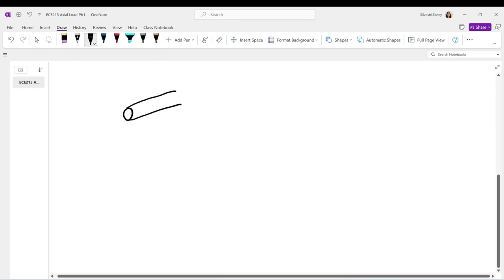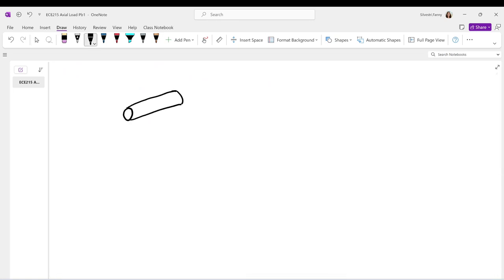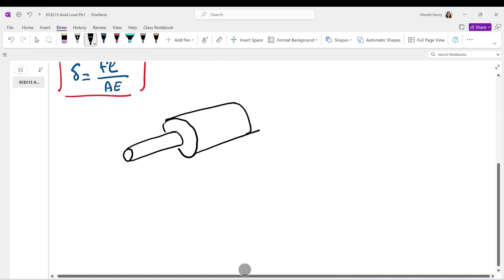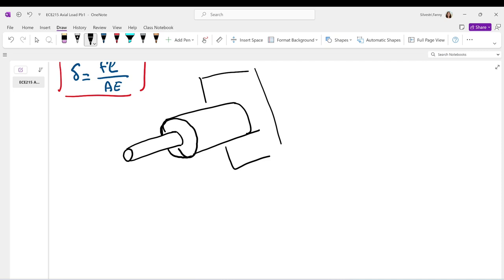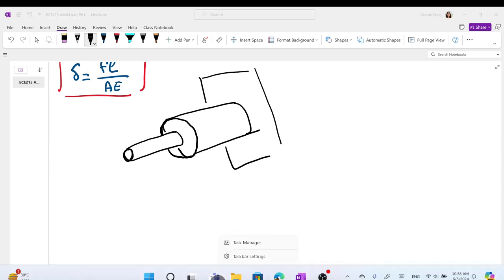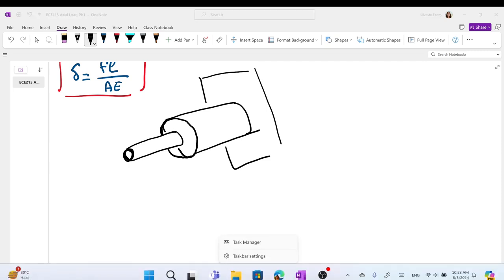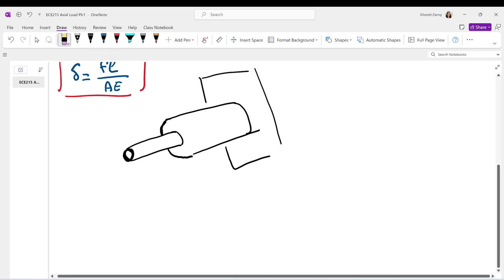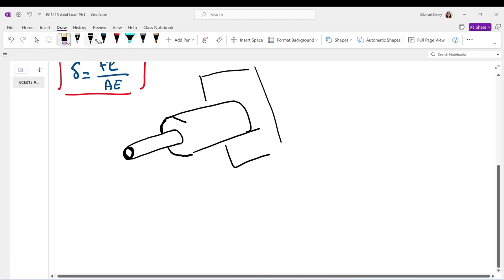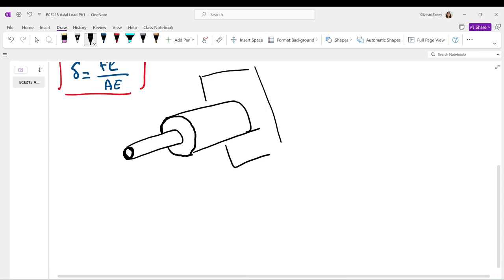We have something like this, a bit more round, and it's in a wall, attached there. This is made of the same material.